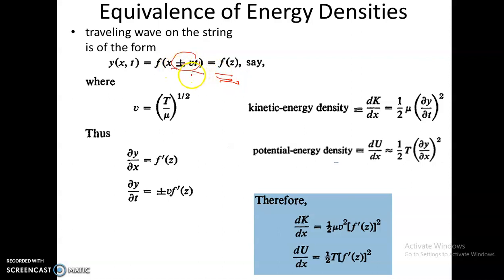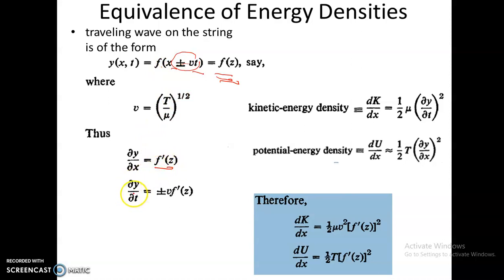When its derivative is calculated with respect to x, we assume it is constant in t. The derivative of f of x plus or minus v t with respect to x is f dash of z into the derivative of the inner function. This needs to be treated as a function of a function: the derivative of the first function into the derivative of the function within it. The derivative of f is f dash, and the derivative of x with respect to x is 1. So dy by dx is f dash z.